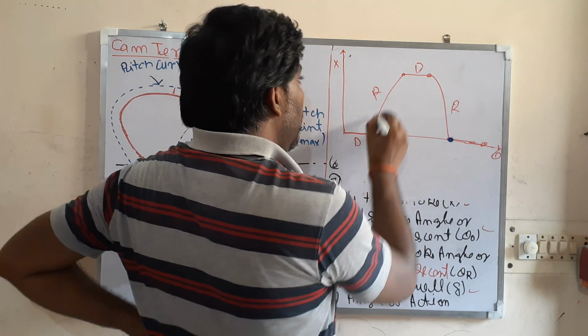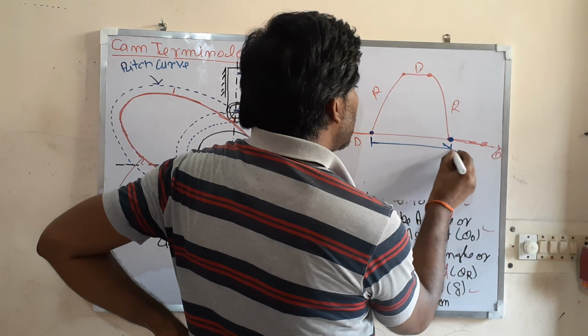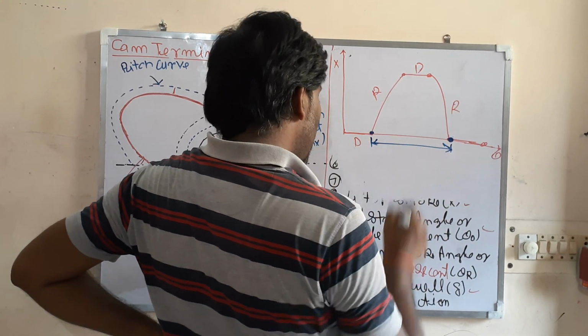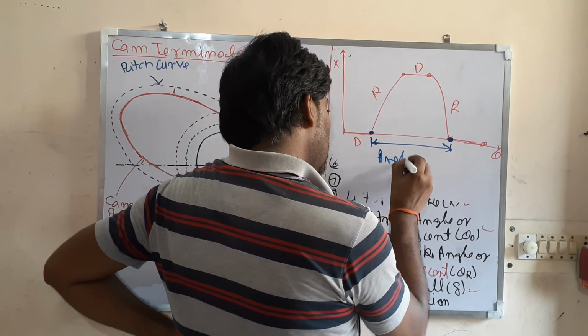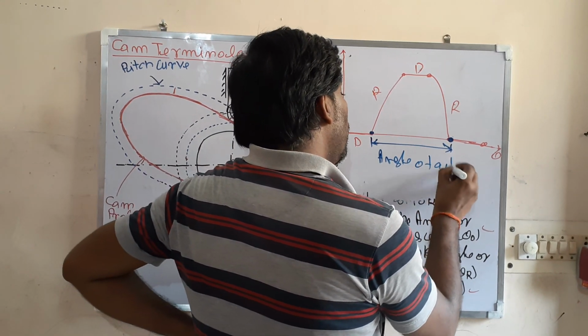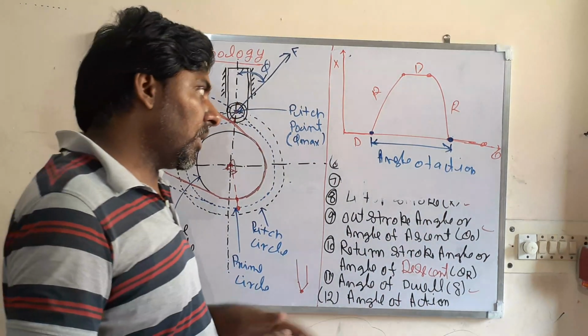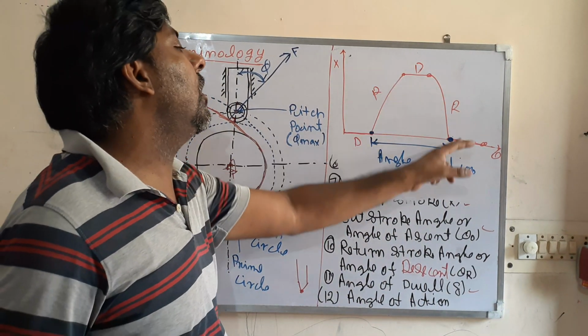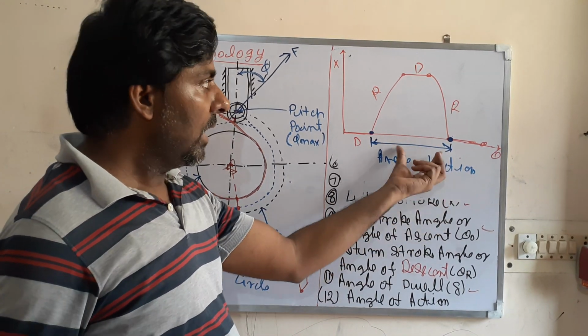Rise started from here and the return ends here. So this is known as the angle of action. It is the cam rotation angle from the start of rise to the end of return.